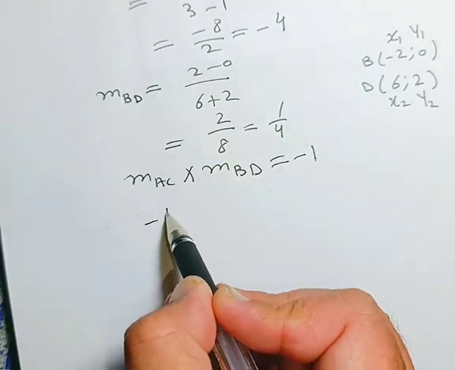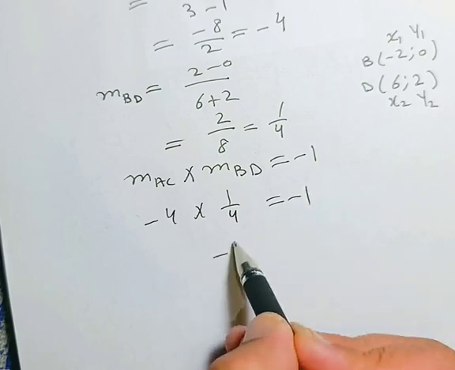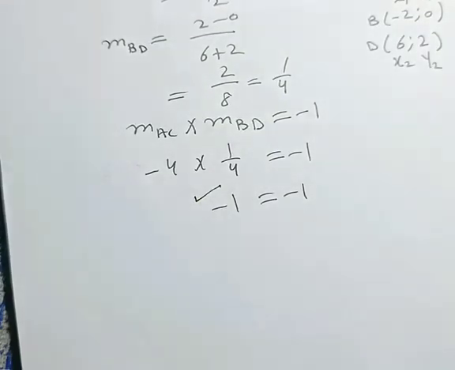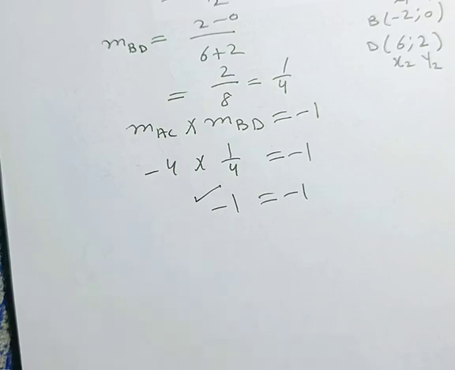So we got negative 4 multiplied by 1 over 4, and you can see this is going to be negative 1. So the left hand side is also negative 1, which means both diagonals bisect each other at 90-degree perpendicular.